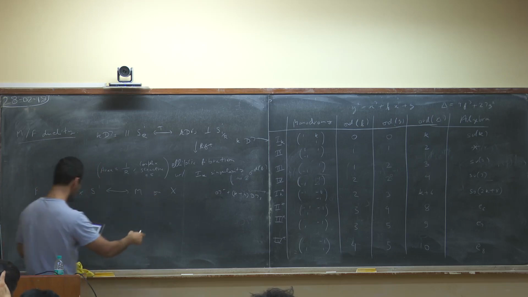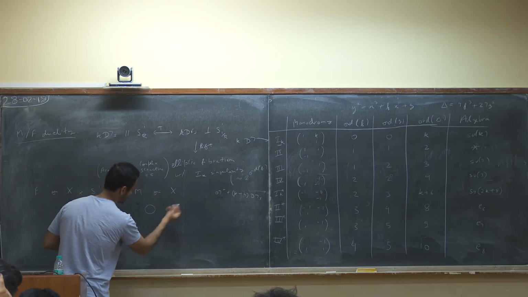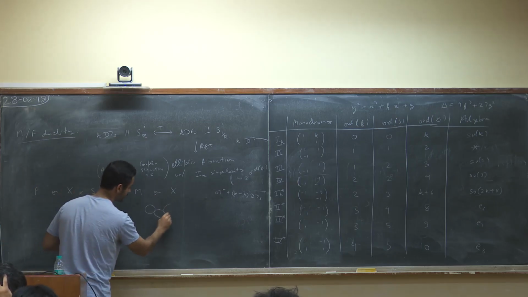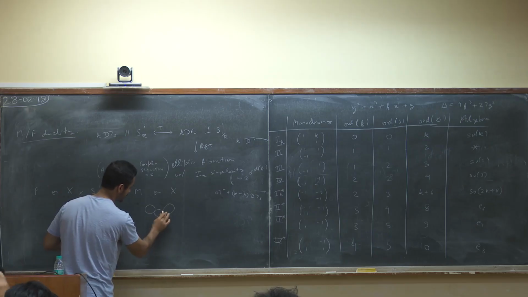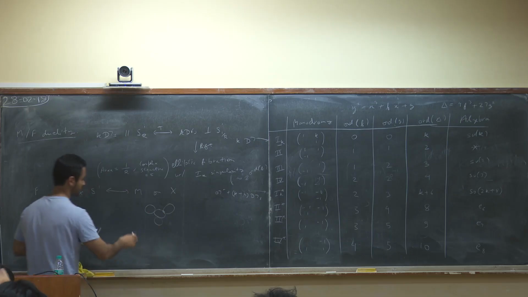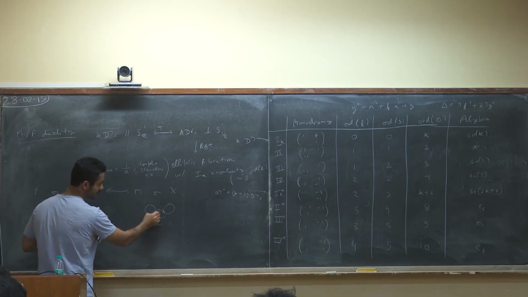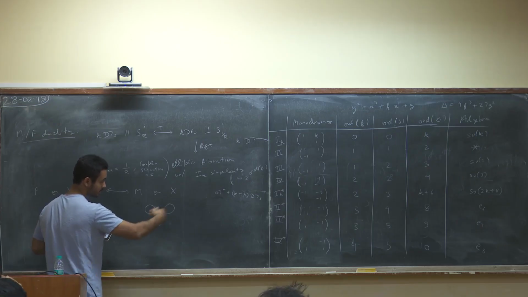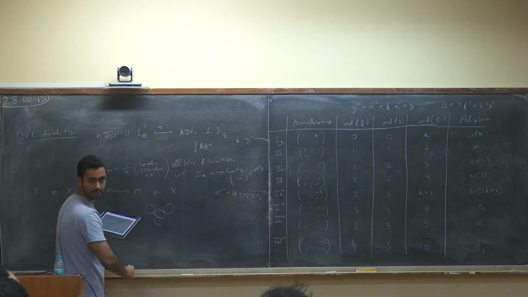When you resolve the singularity, you obtain, for example, a configuration like this: a bunch of P1s which intersect in some fashion. Whenever they are touching each other in my drawings, it will always mean that they intersect each other transversally with intersection number 1.